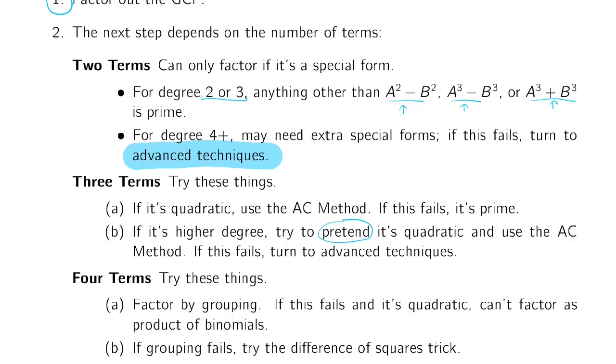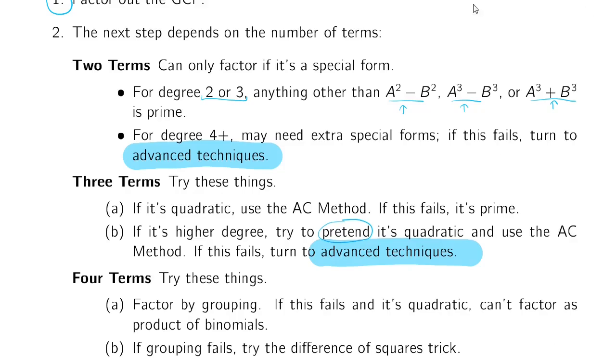And when we pretend that it's quadratic, we're going to use the AC method again. If that doesn't work, we can't conclude that it's prime. We may need to turn again to advanced techniques. So quadratic is prime if the AC fails. Higher degree may or may not be prime.